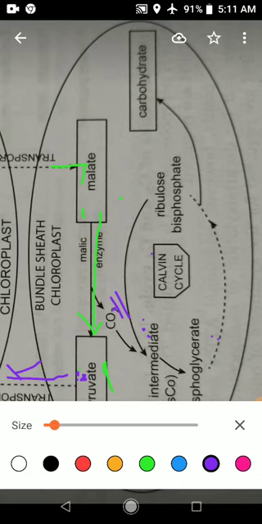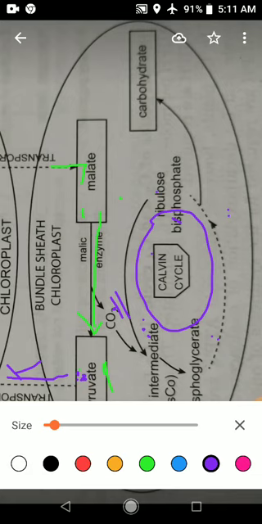From the phosphoglyceraldehyde, one molecule of glucose and ribulose bisphosphate again is formed. So this is the regeneration of ribulose bisphosphate.